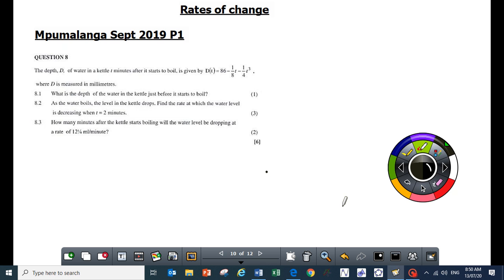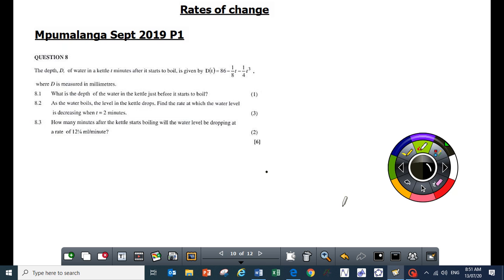The depth D of water in a kettle t minutes after it starts to boil is given by D(t) equal to 86 minus 1/8 t minus a quarter t cubed, where D is measured in milliliters. Then 8.1 says, what is the depth of the water in the kettle just before it starts to boil?